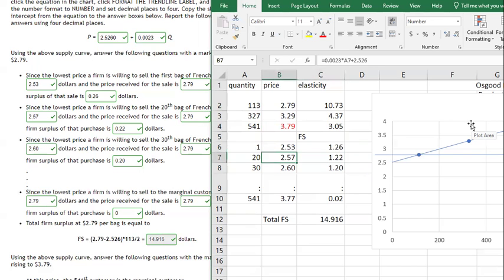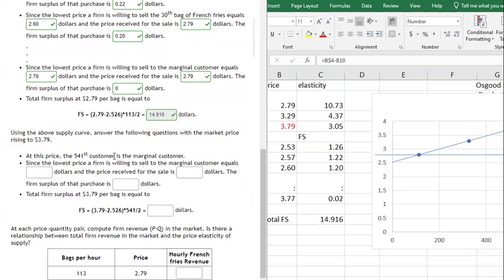For 20 bags, we'd be willing to part with them for 257, but we get to sell them for 379. So the difference is 122. For the 30th bag, we'd be willing to part with it for 260, but we're getting 379. And that difference is $1.20. Now, for the 541st, again, we have a round off error here. When you're dealing with equations, you have the round off error. The 541st customer is the marginal customer.